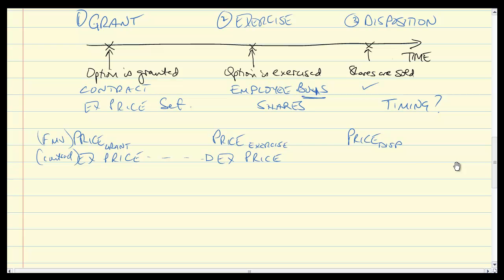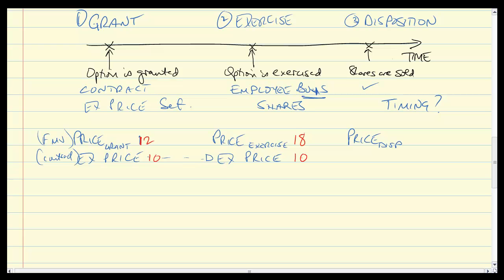And so probably best to look at this in a scenario. Let's imagine an employee is given stock options. At the grant date, at the time when she receives the option, these things are selling on the stock market for $12 a share. And her exercise price that she's given is $10. When it comes time that she's able to exercise and buy these on the open market, they're selling for $18.